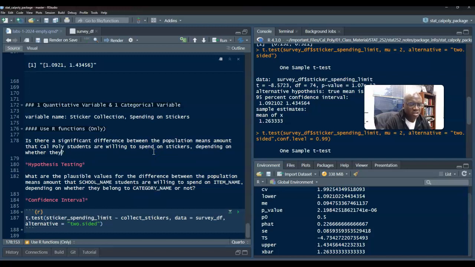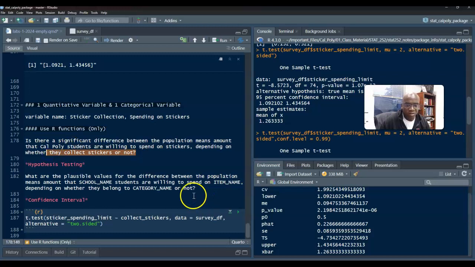I'm seeing if the means are the same. I want to know if the means are the same.